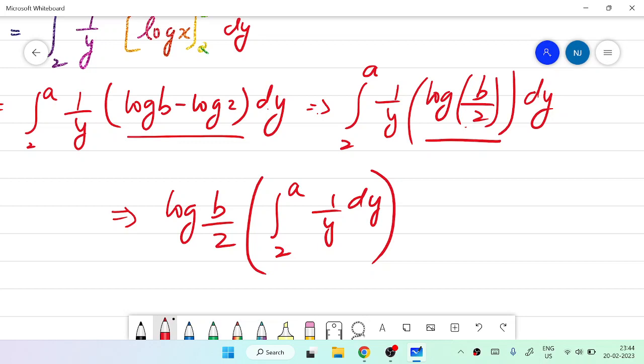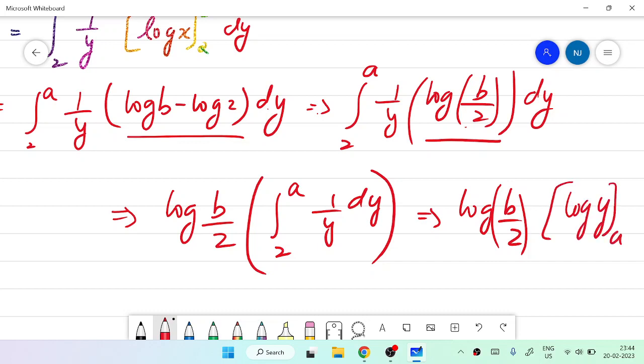Then I'm keeping log of b by 2 as it is. Then I'm integrating dy by y, which will give you what? Log y. Substitute the upper limit and lower limit. Here the lower limit is 2 and the upper limit is a.